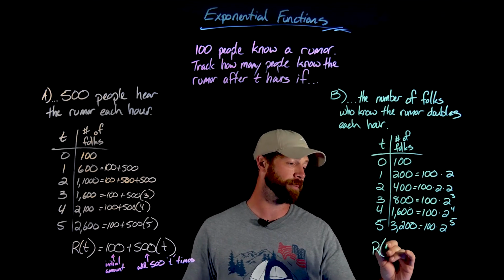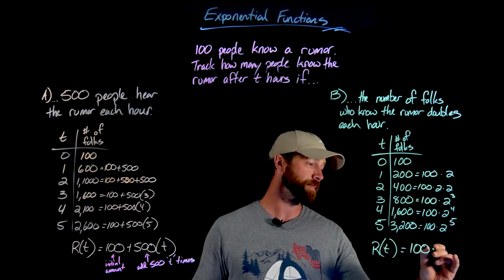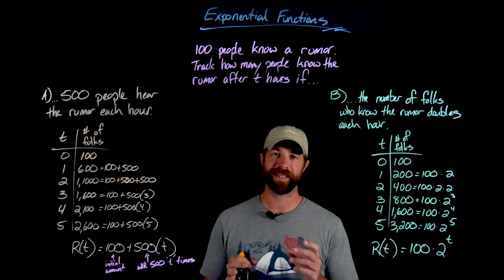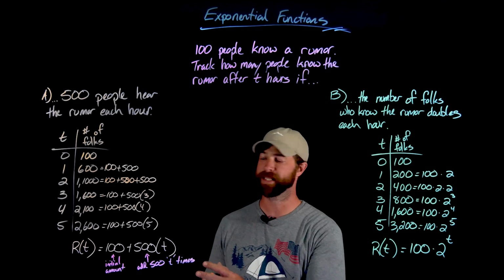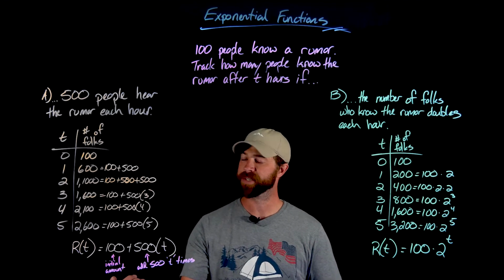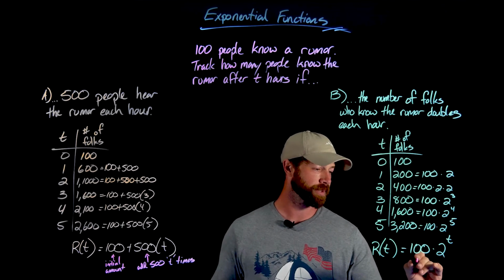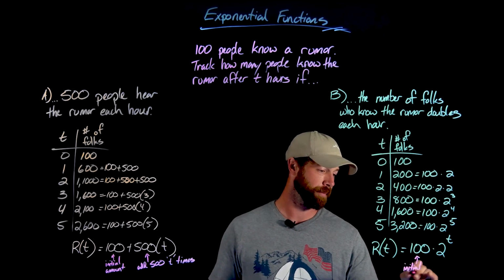So if we want to represent this rumor as a function of time, the number of folks who know the rumor, we would have 100 times 2 to the t. And this is where I think these are beautiful examples to show together, where most people are grounded in the idea of linear: we have this initial amount of 100 that shows up in both of them. This 100 on the front is the initial amount.